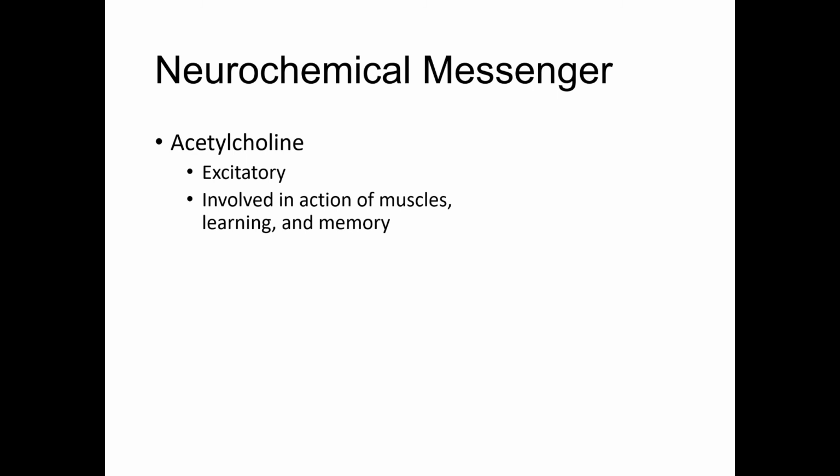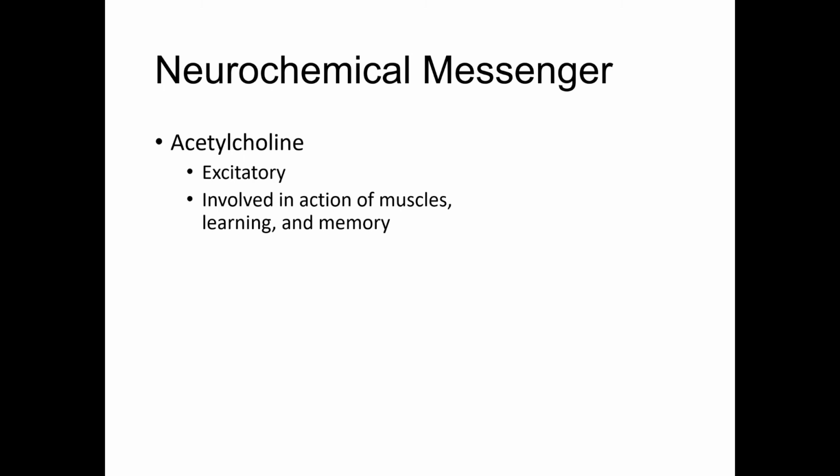Another neurotransmitter is called acetylcholine, which is an excitatory neurotransmitter, and it is involved in actions of muscles, learning, and memory. As a result, a lack of acetylcholine is associated with Alzheimer's disease, which is a brain disorder that involves decline in memory.